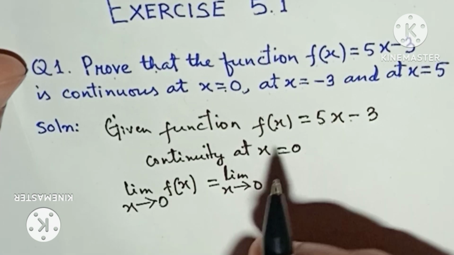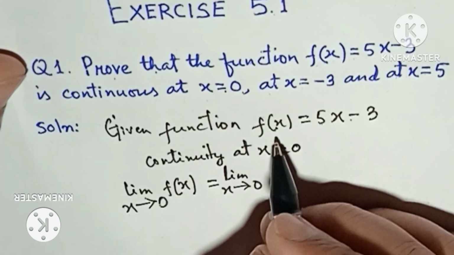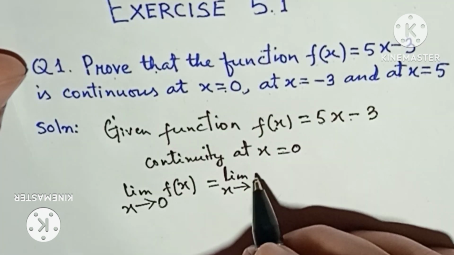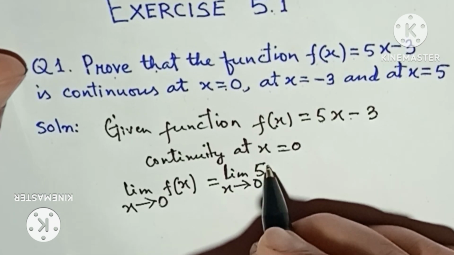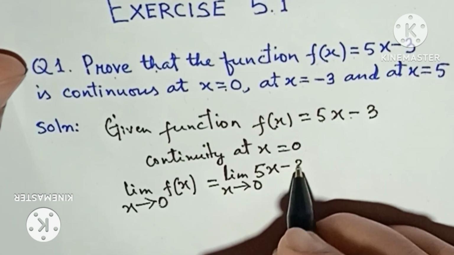So instead of writing f of x, we have to put 5x minus 3.